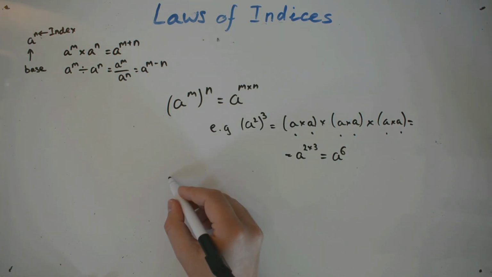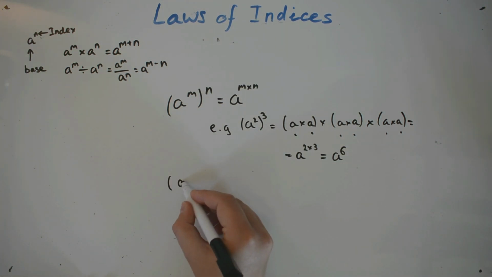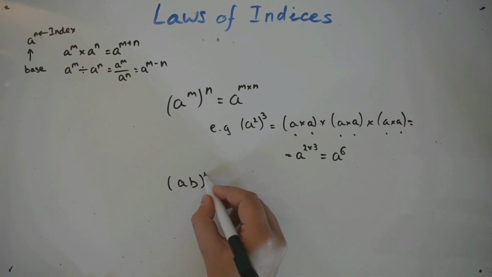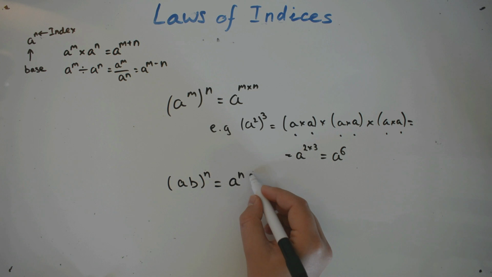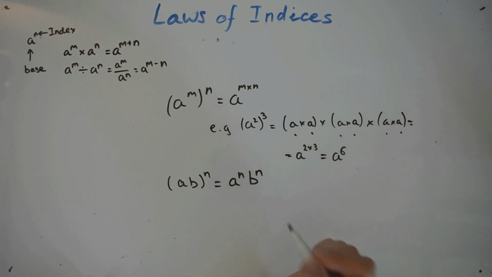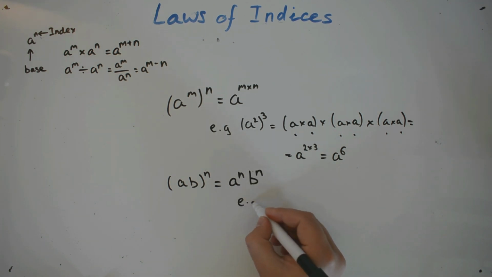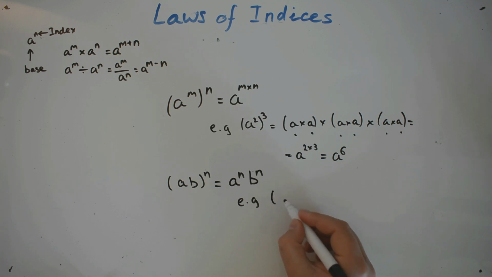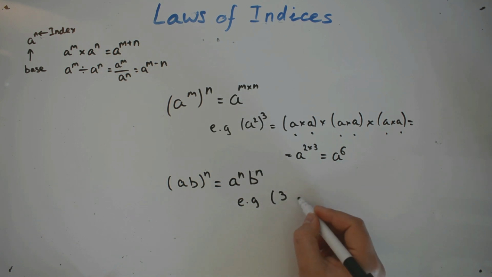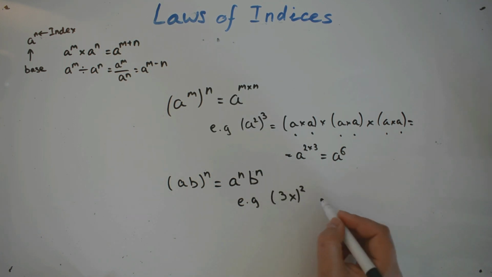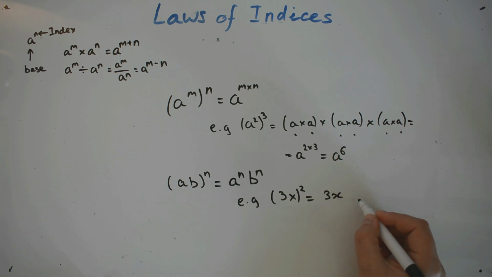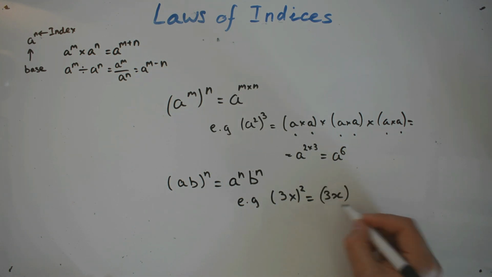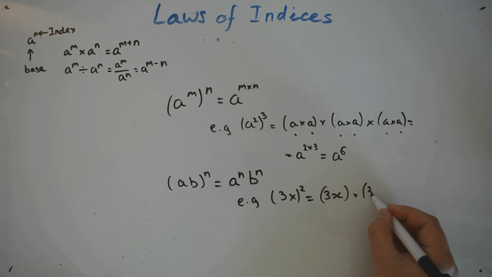Okay, next rule, and that is a times b to the power of n. This is not really a rule, it's just so you know when you expand brackets, but it becomes a to the power of n and b to the power of n. For example, if we have 3x in brackets and it's all squared together, that is 3x times 3x again, because it was squared.